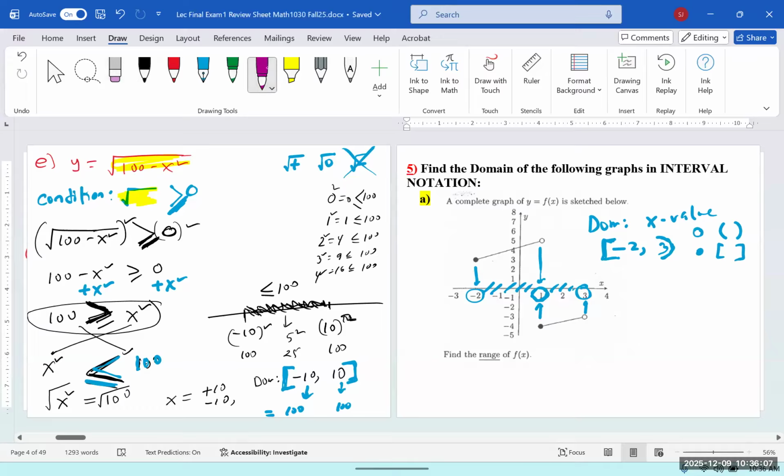Now the range is the y values. What y values do you see in your graph? So for this portion, the y value starts from 3 and ends at 5. So this is the y value we have for the top portion. For the bottom portion, this is the y value we have, and this is the next y value we have.